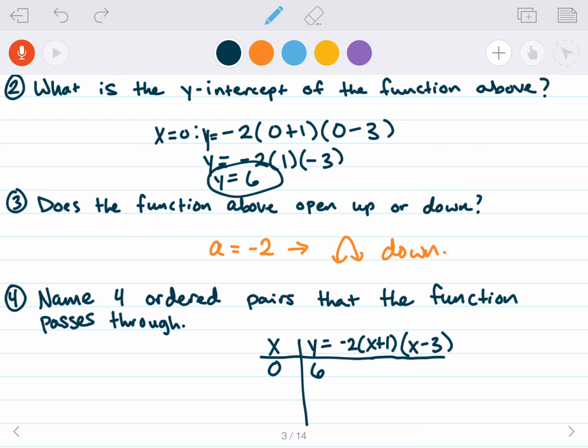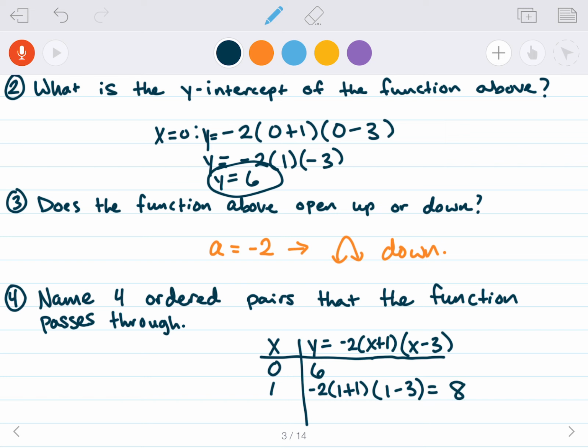Another ordered pair, we could plug in x equals 1 and see what we get out for y. If we do that, we get negative 2 times 1 plus 1, just plugging in 1 for anywhere I see an x, times 1 minus 3, and that's going to give us negative 2 times 2, which is negative 4. Negative 4 times negative 2 is positive 8.